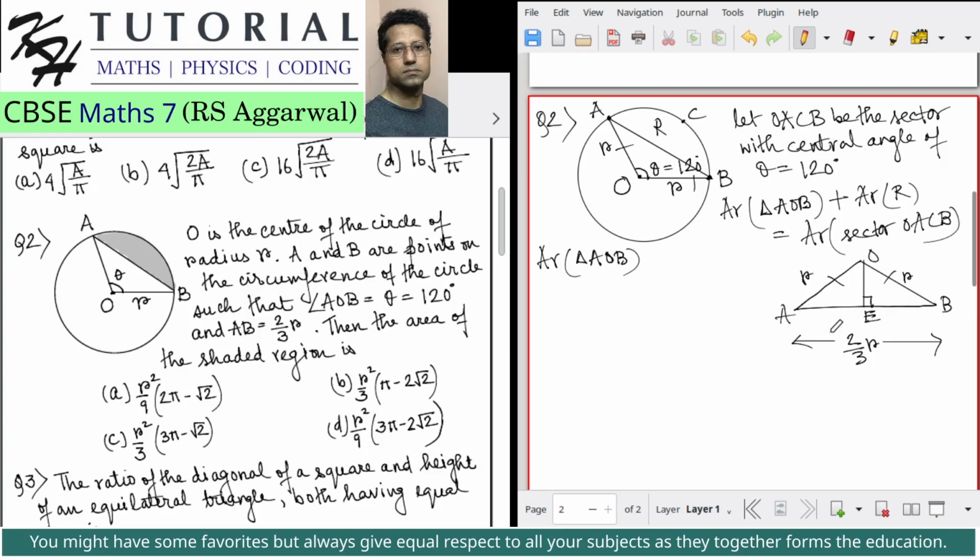Which means AE will be equal to EB will be equal to half of 2/3 R, since 2/3 R is the length of AB. Half of it is R by 3. So AE equals EB equals R by 3.